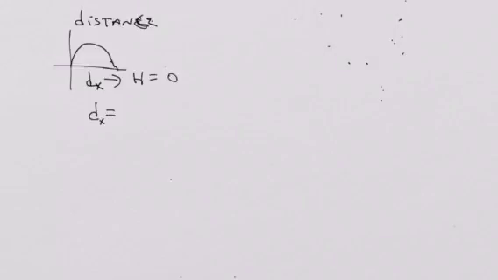I'm just going to say it straight out. My velocity in the x direction is constant, so that's not changing. The only thing I need to compute in the x direction is how long it took to fall.